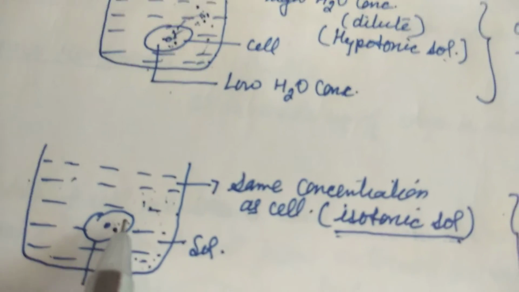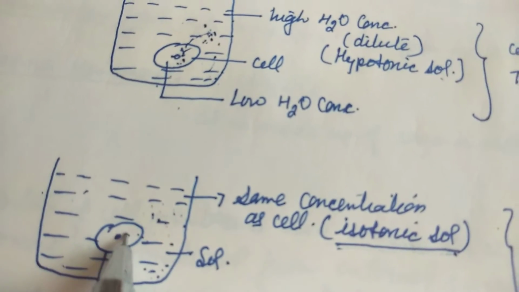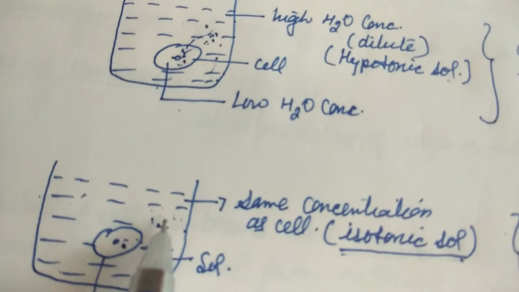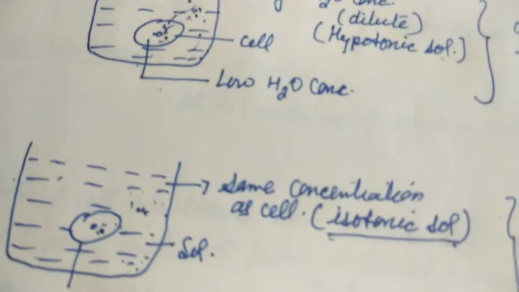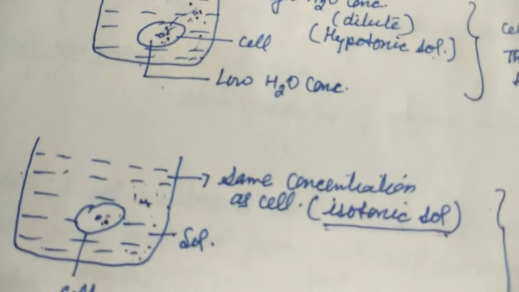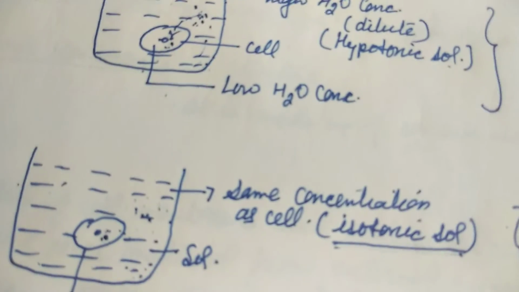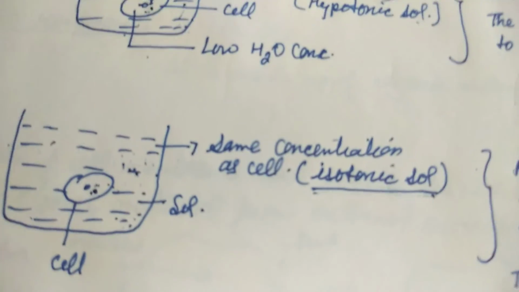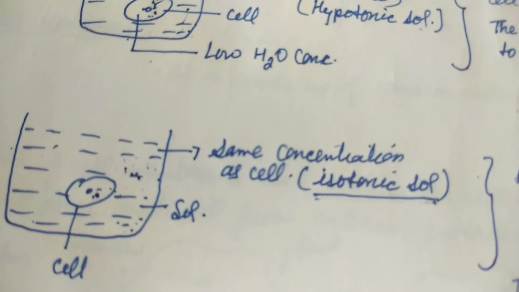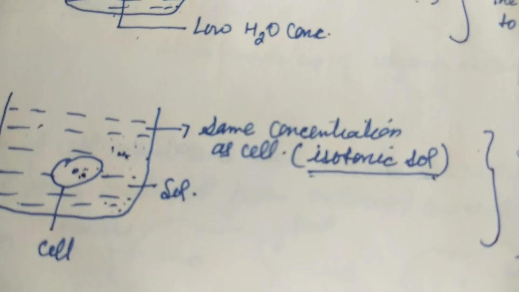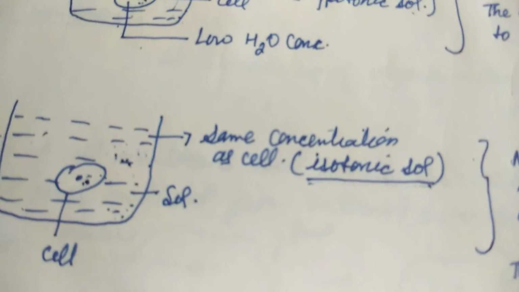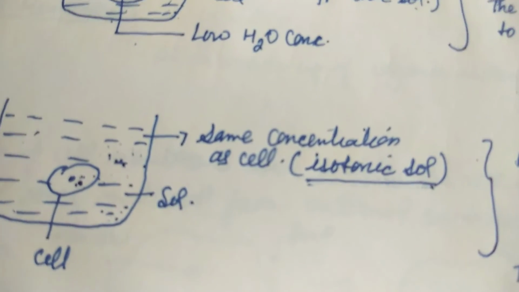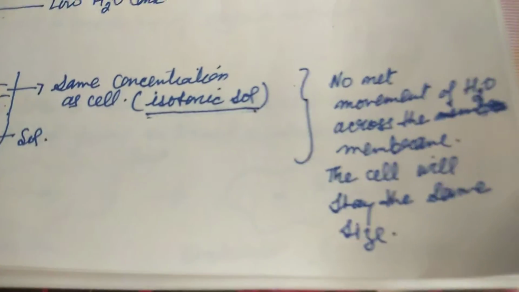Again water will definitely move from the cell to the outside solution and from the outside solution to the cell, but what will be the net movement of water? There will be no net movement of water, which means the cell will not gain water and will not lose water, and the cell will remain the same size. There will be no change in the size of the cell.